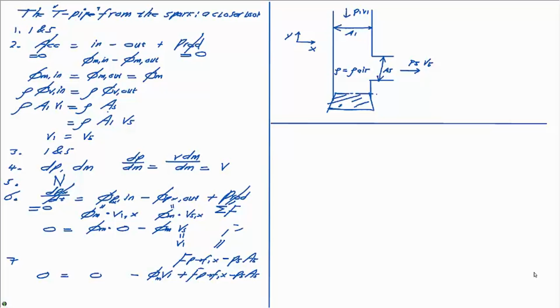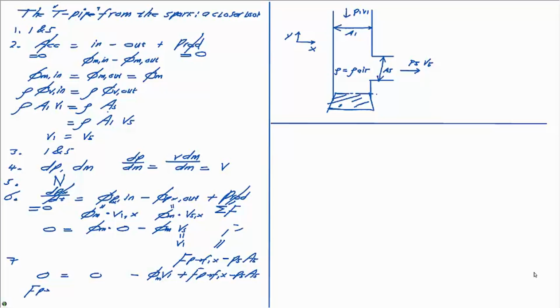Now if we subtract Fp on F in x on both sides of the equation, and we multiply it by -1, we get the following.